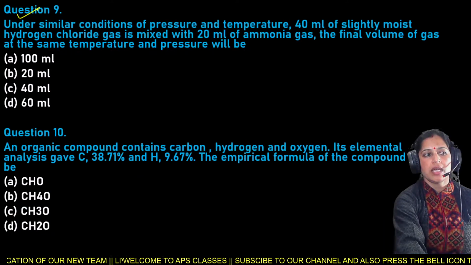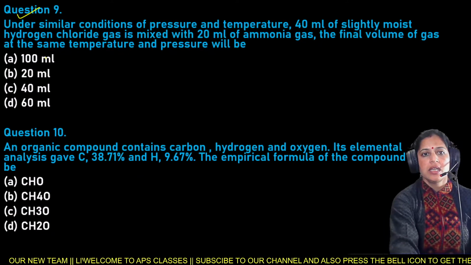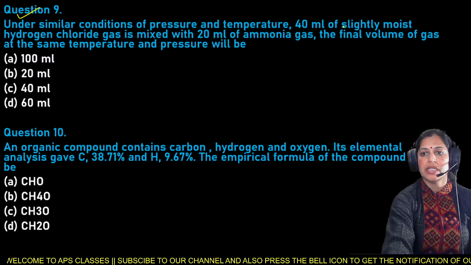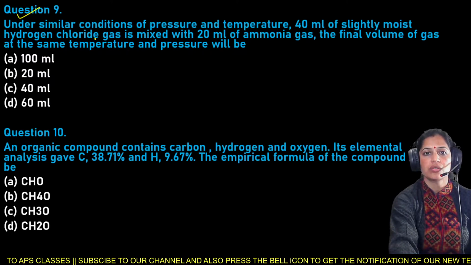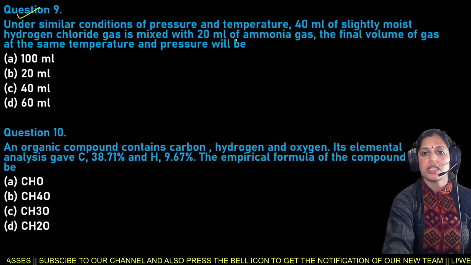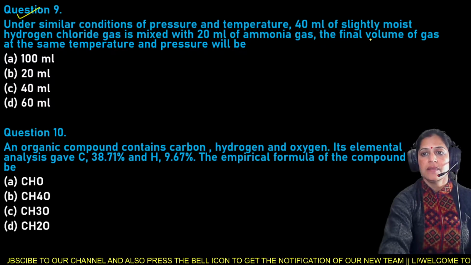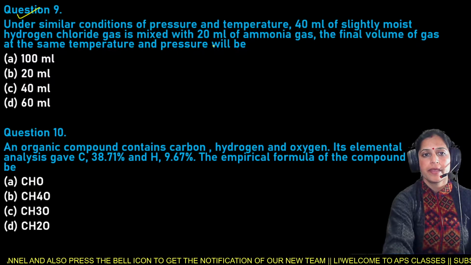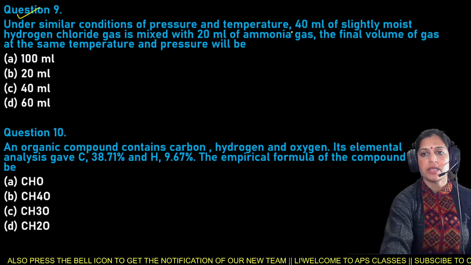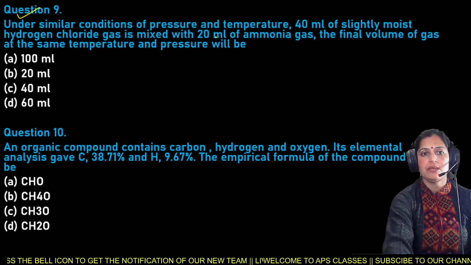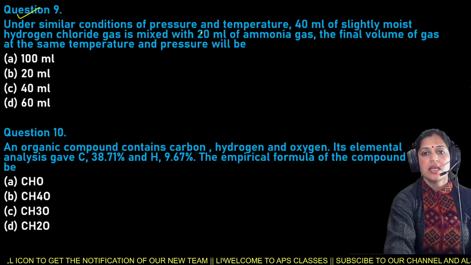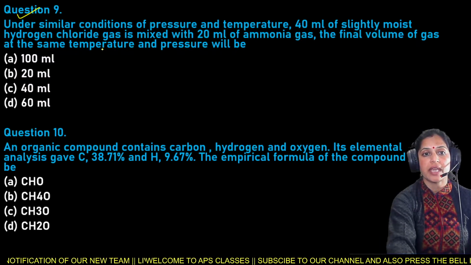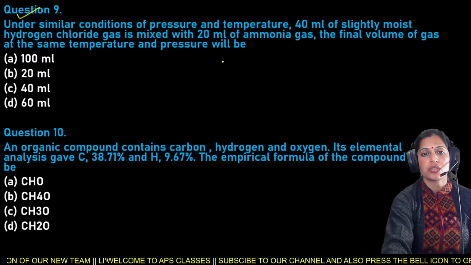Next is your question number 9. Under similar conditions of pressure and temperature, 40 milliliter of slightly moist hydrogen chloride gas is mixed with 20 milliliter of ammonia gas, then the final volume of the gas at the same temperature and pressure will be.